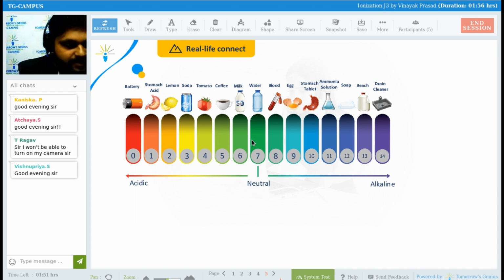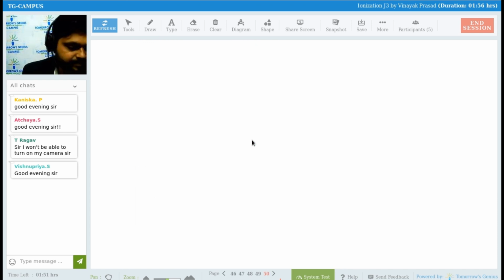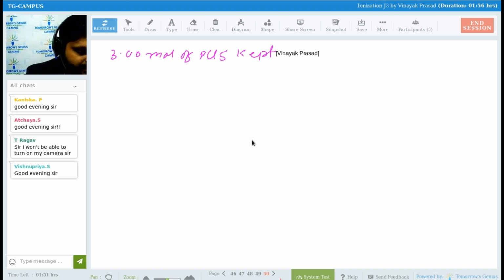The question is, please write this question. What is this question? Three mole of PCl5. 3 mole of PCl5 kept in 1 liter closed container, right?